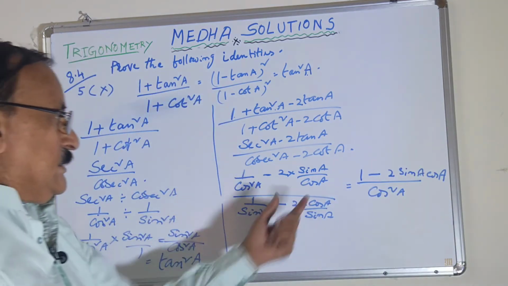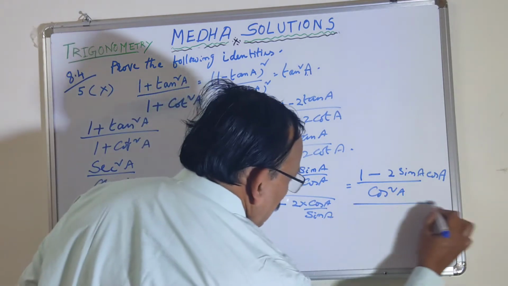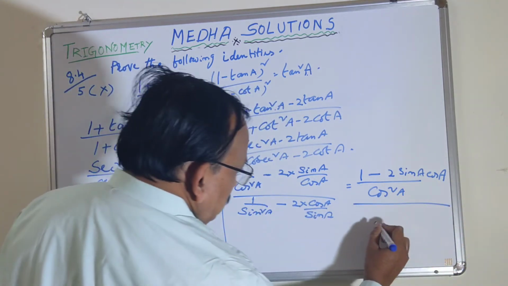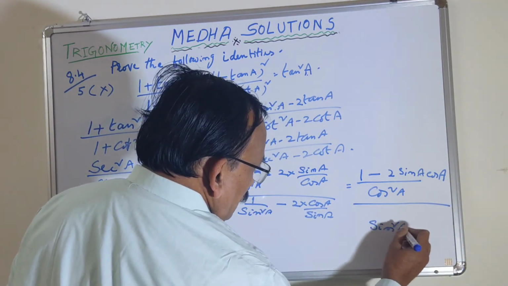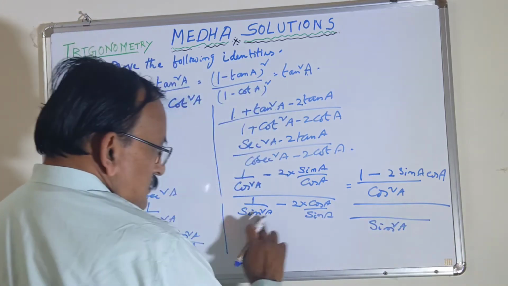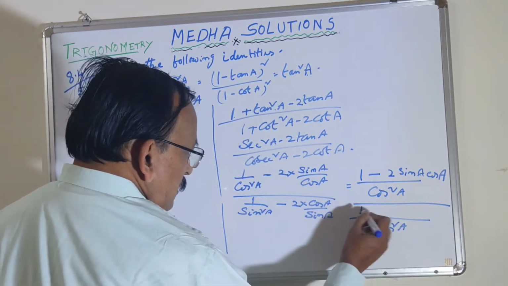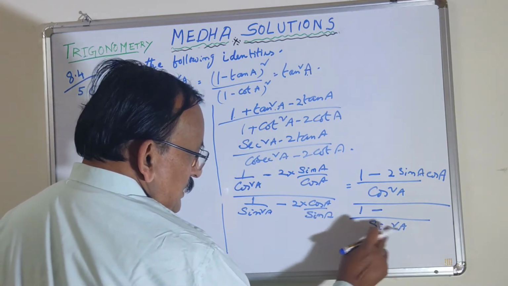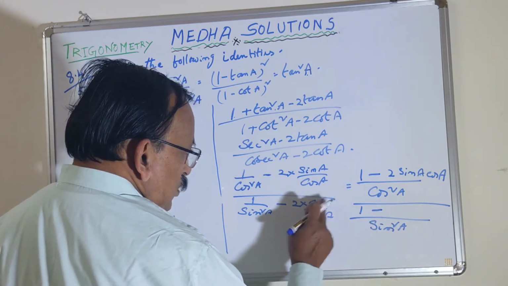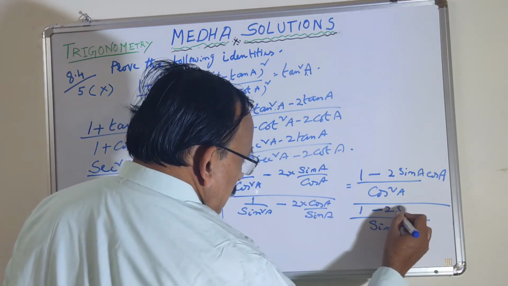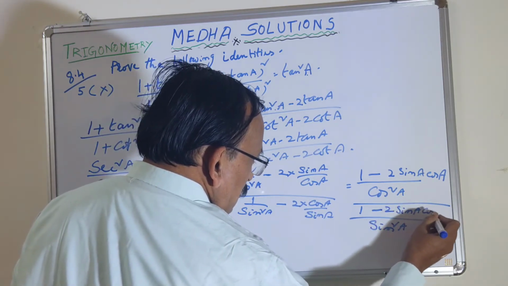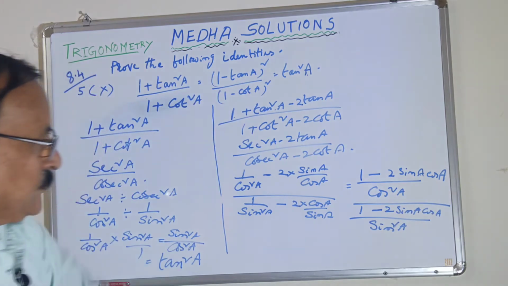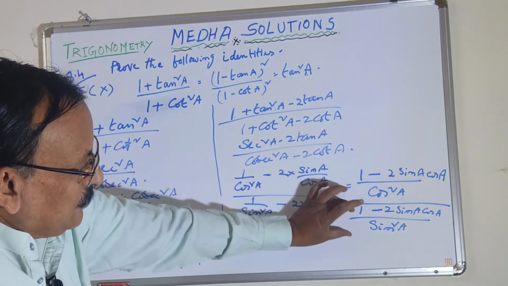Here we are doing the LCM, and then here sin square A is the LCM. Here sin square A common, 1 minus sin A times, sin A goes, and sin A into 2 cos A, 2 sin A cos A. And then this is the fraction divided by this fraction.